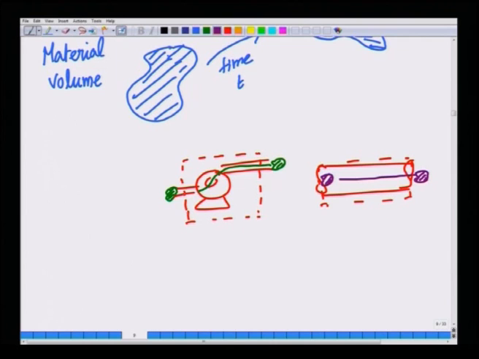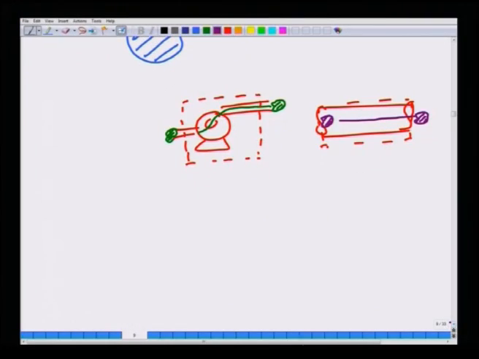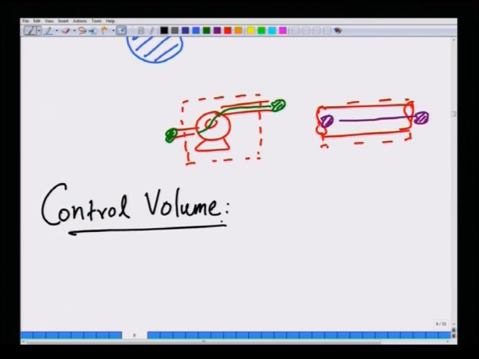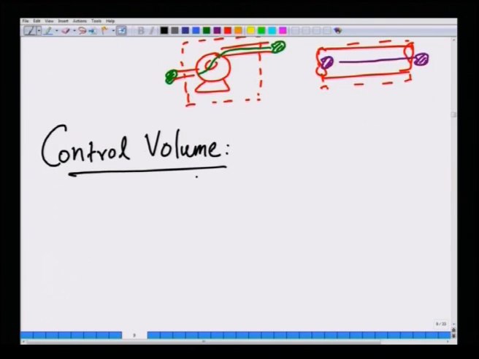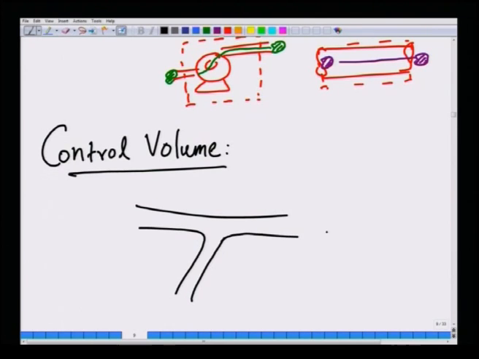Whereas we are interested in fixed regions in space in most engineering applications. So, it becomes important for us to identify what are called control volumes, which is a fixed region in space, which can comprise a device like a pump or pipe and so on. For example, you may have a piping network like this, and you can identify a fictitious boundary where fluid is entering and leaving.